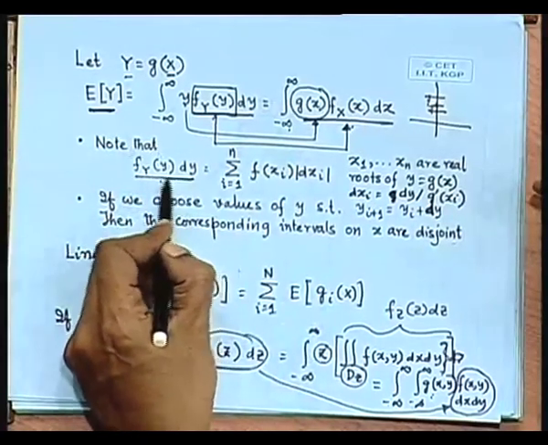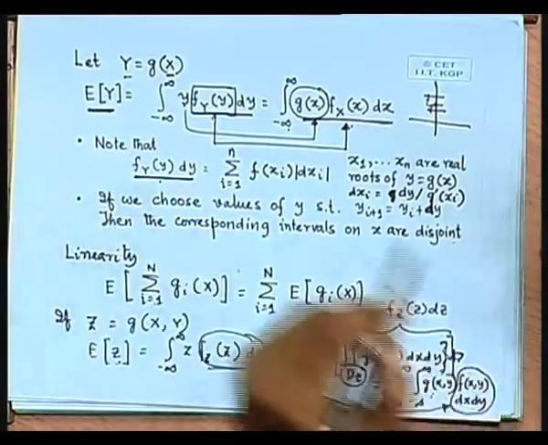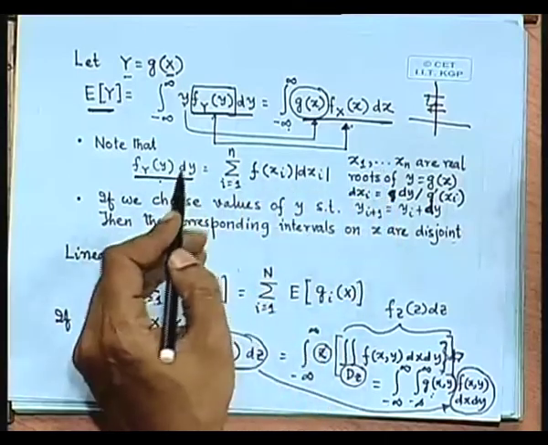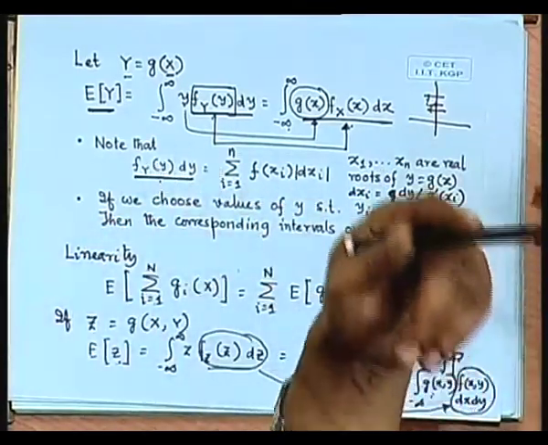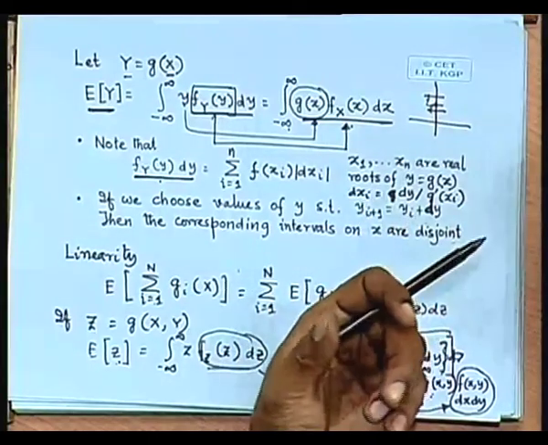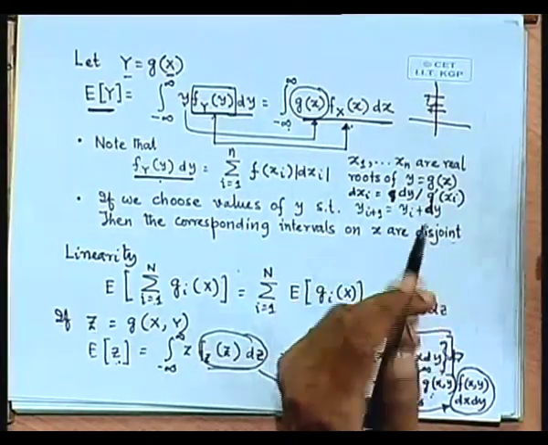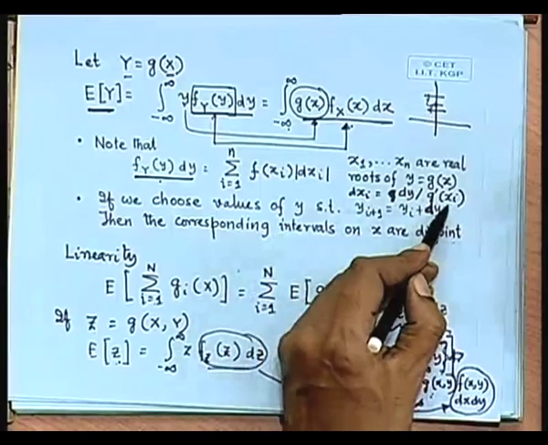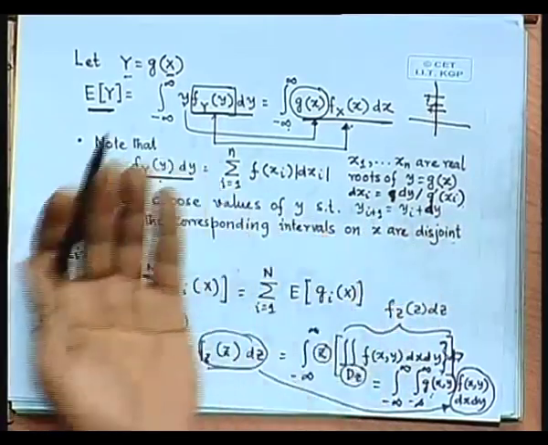Because if you want to do f_Y(y) y dy, then as we have seen before you have to find out what the values of x are that give you the same value of y = g(x), and then take intervals around those x's. That is, if y = g(x) has a root x_i, then you consider intervals around those x_i's of length dy by g'(x_i), and all that.